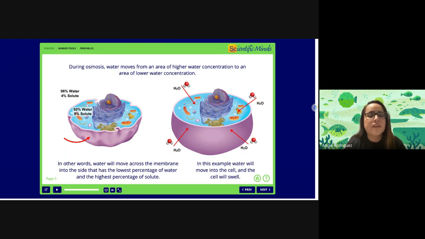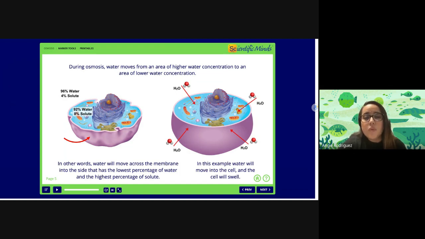Now, I look at which side has more water. I'm going to compare my two percentages on the outside and the inside of the cell. On the outside, it says I have 96% water, and on the inside, I have 92% water.